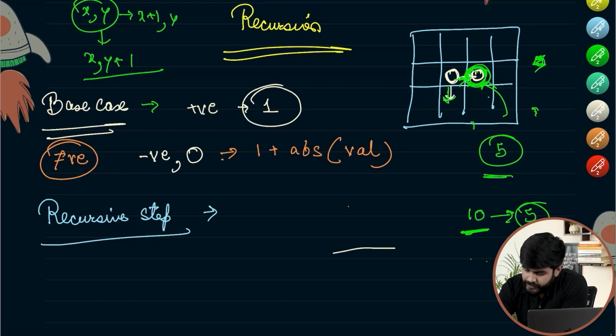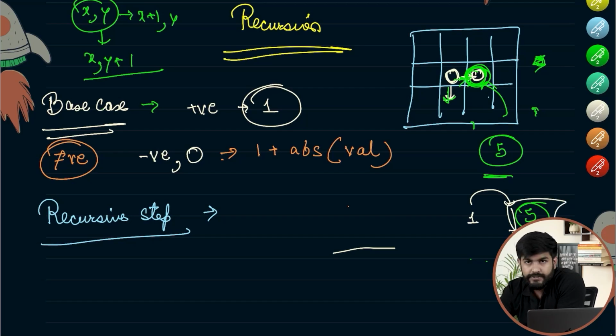If I don't have the bandwidth, why? Let's say I have something like 1, and he told me a 5 health is required to go from the right hand side, because the recursion would do everything on its own. You just need to think in the middle. Like I would call for the right, and it told me 5 health is required, but here I have only 1. So how much more health is required?